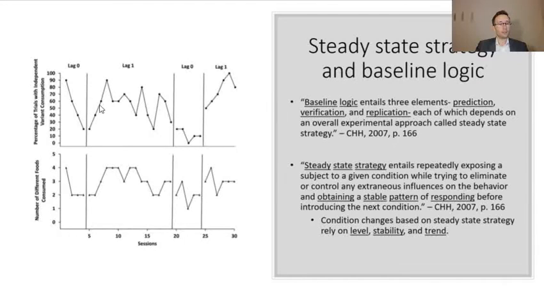But one thing I want to note about this data path in this phase is that it's highly variable, right? So there's a lot of variability here. It's not like the data points fall along a straight line. So this variability makes it difficult to predict in the next condition what will happen if we remove the lag 1 schedule.